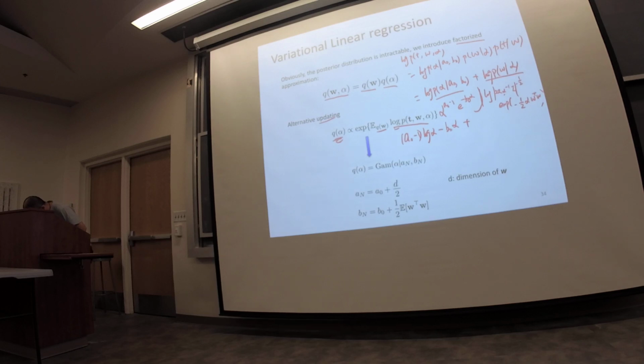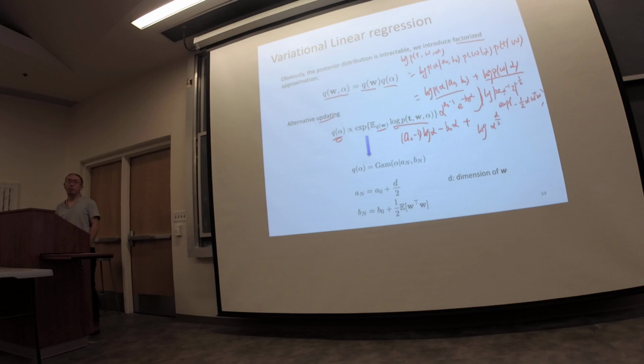So if you look at the log determinant and extract the terms that relate to alpha only, it will be alpha to the power of minus d, and to the power of minus half. Minus minus becomes positive, so it will simply be alpha to the power of half d. Then the log and exponential just cancel, leaving minus half alpha w transpose w.